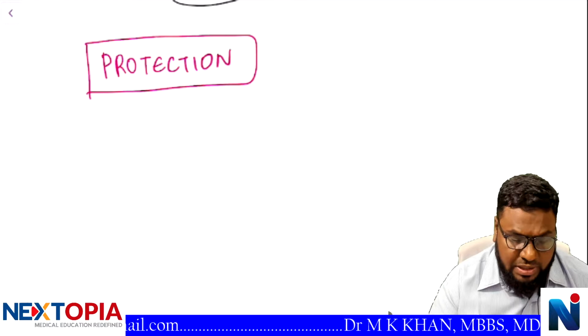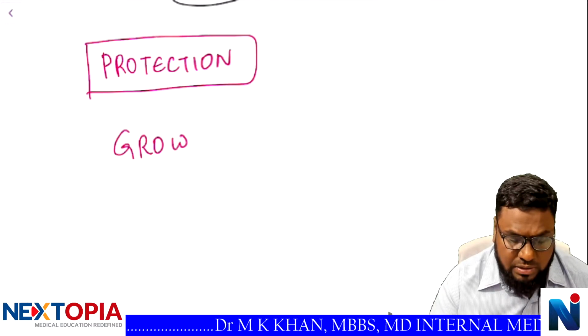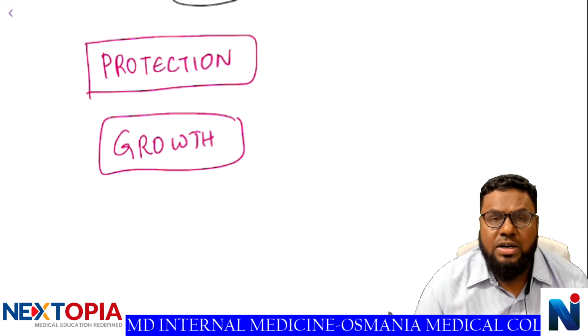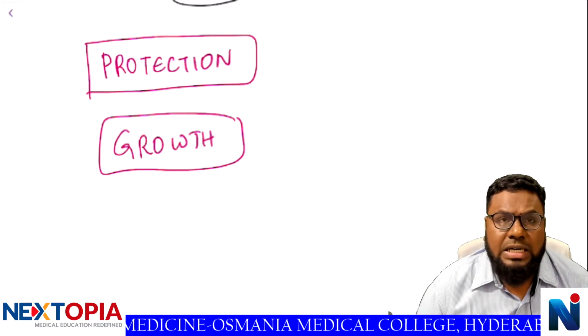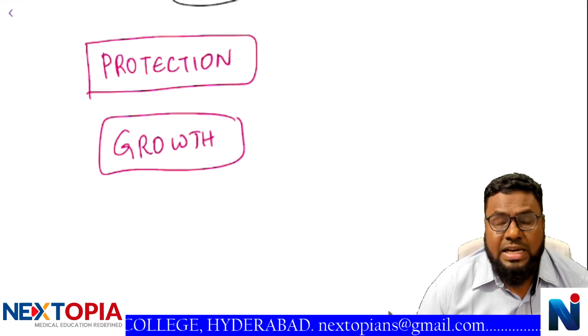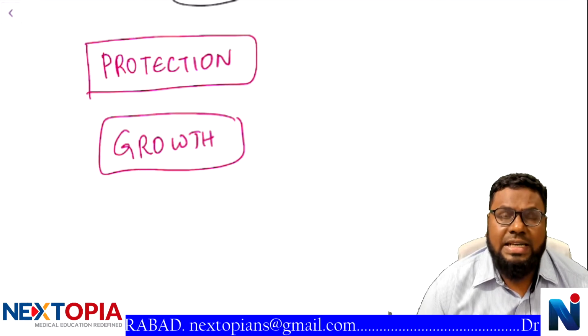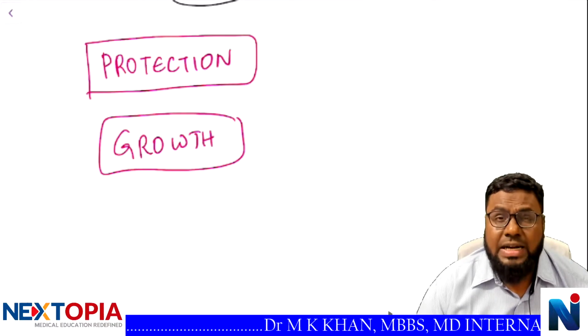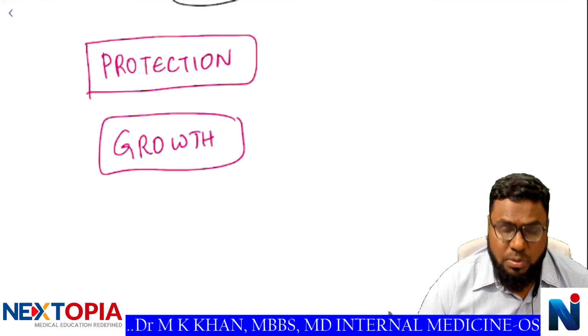Second thing is growth, that is proper growth from a child to adolescent, from adolescent to the adult, from adult to old age. These are all the physical development. Then mental development, that is intelligence, social behavior, how you interact with others. Everything should be learned, and this is a basic property of a human being.